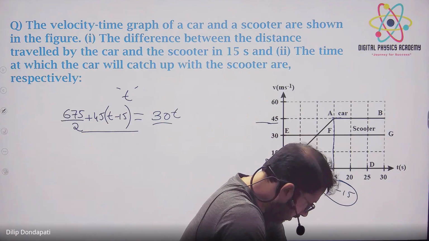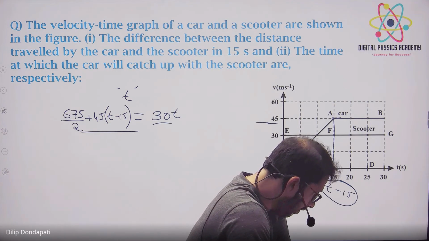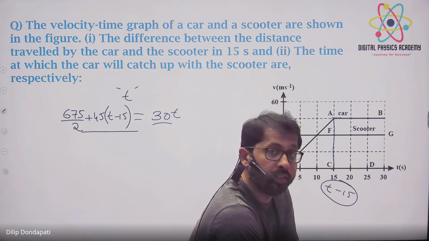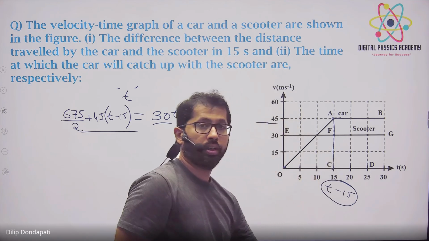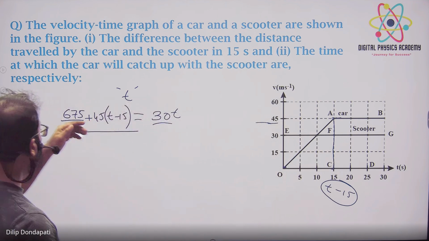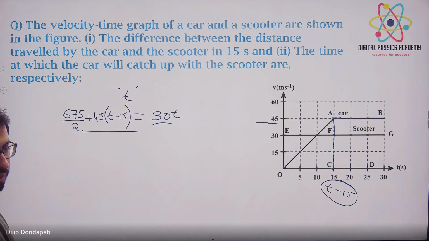I'm getting t in decimals. So 22.5. Just equate and bring everything to one side. You get 22.5. These are all JEE Mains questions, so understand.